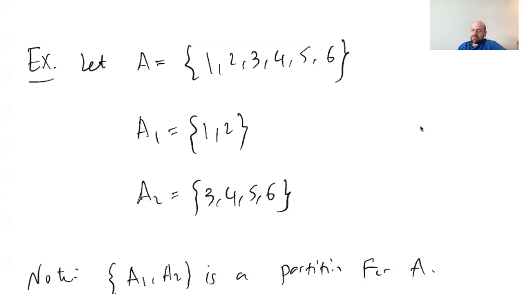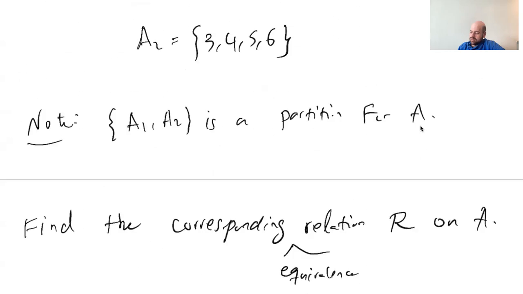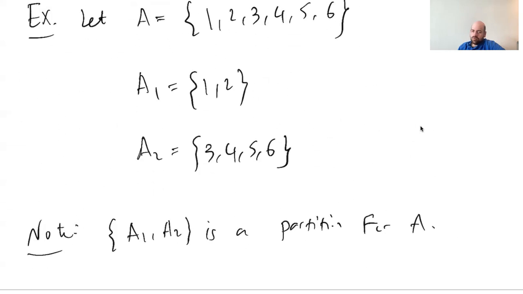Two elements are in relation with each other if both those elements are included in one of the capital AIs. Similarly, (2,2), and (1,2), and (2,1), right? These must be in R because 1 and 2, both of them are in A1. So 1 is in relation with 2. Similarly, 2 is in relation with 1, again because 2 and 1 both are in A1.